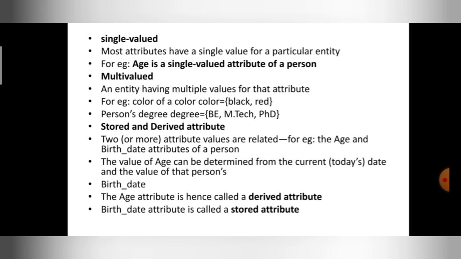The date of birth attribute is called a stored attribute, because you can derive the age using the date of birth attribute. Age can be derived from its stored attribute, right? That's why age is a derived attribute and date of birth is a stored attribute. Hope you are understanding.